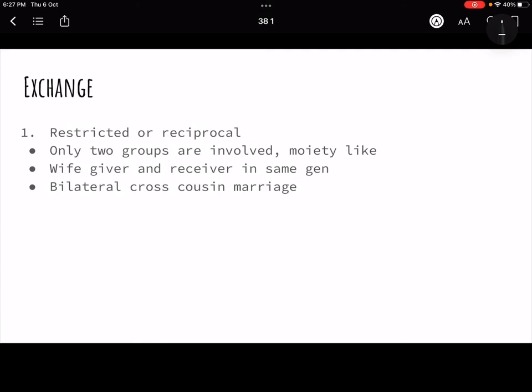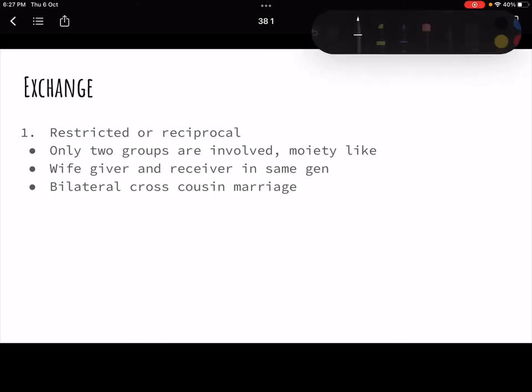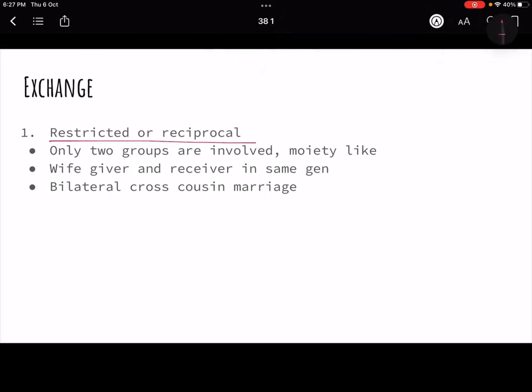So first is restricted or reciprocal, which means that in this there are only two groups that are involved. You can imagine a moiety like situation. जैसे होता है ना, tribe is divided into moieties. Moieties are only two because moiety itself means half.